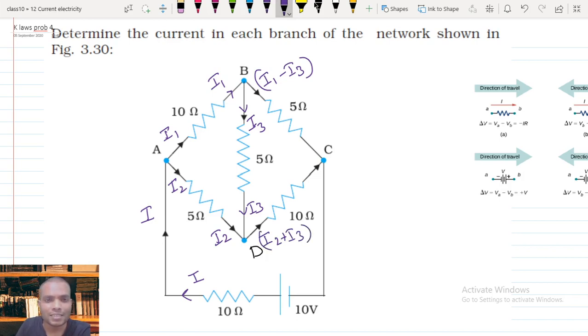So at junction D, the currents coming from A and from B will add.